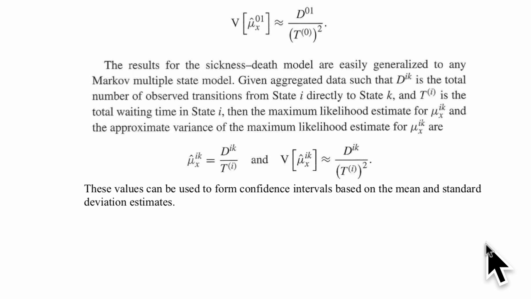How? By basically taking the confidence intervals derived from the normal distribution. So it is very simplistic. It will be of the form estimate of the mean plus or minus a z-value times the estimate of the standard deviation, which will be the square root of the estimate of the variance.